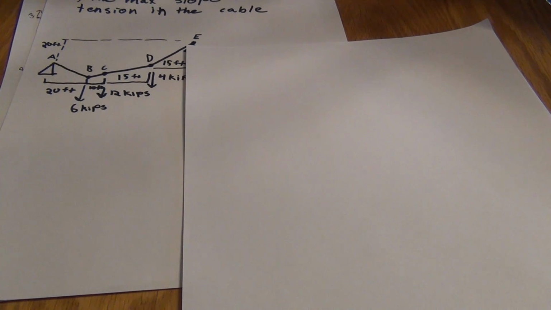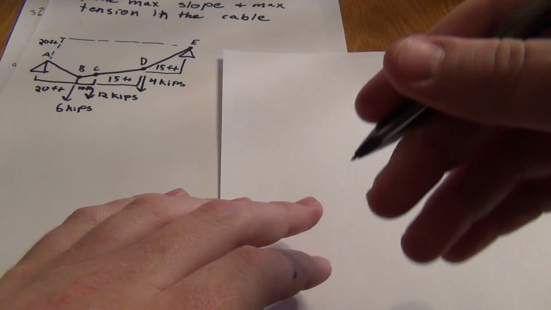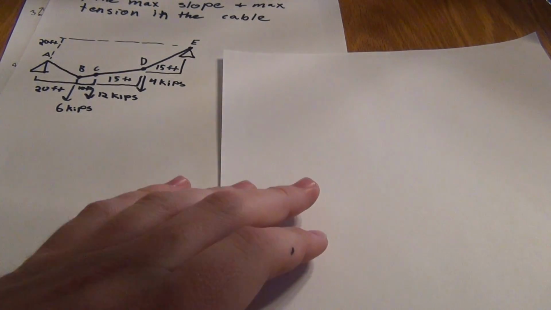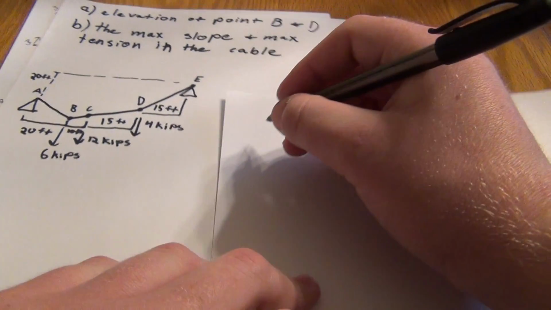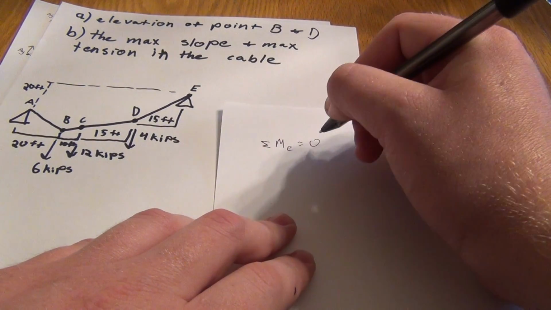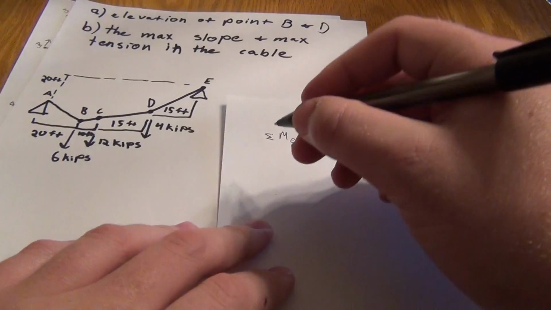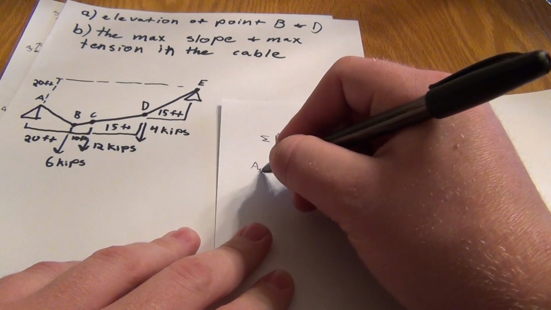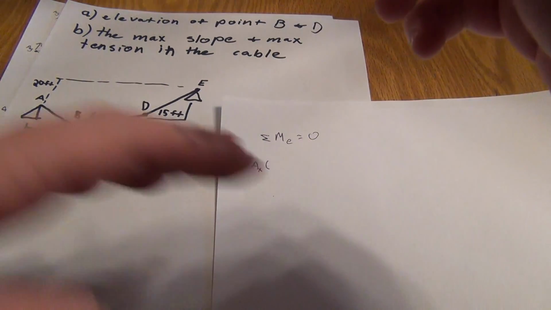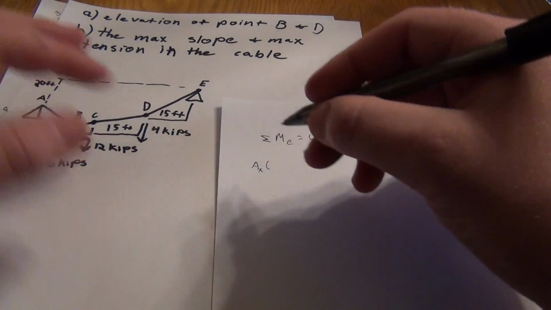So, the moment around E. Let's write this down. We know that the moment around E equals 0, because it's in equilibrium. So we have AX, and the difference between it and the E component is 20 feet.